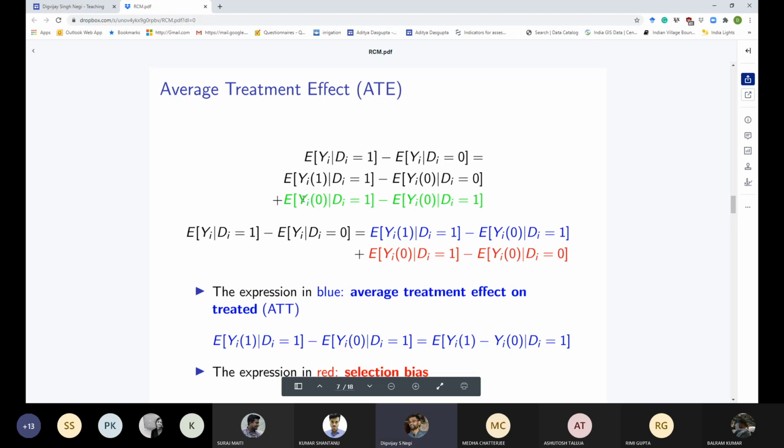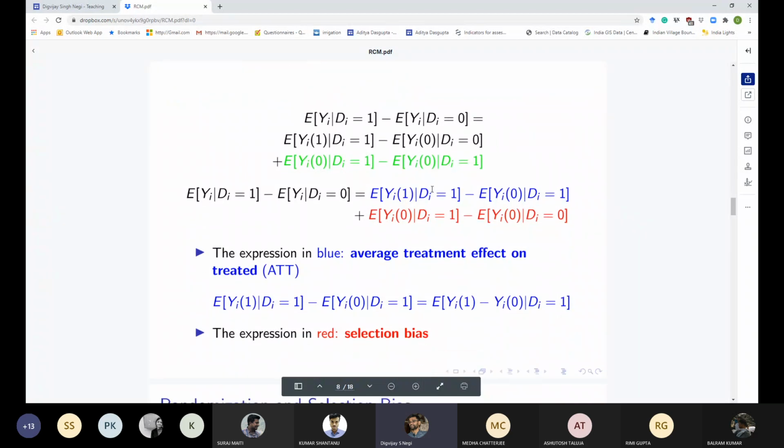So the potential outcome under control for the treated group minus the average value of the potential outcome of control for the treated group, so both of them are the same. Again, this is added and subtracted, so this cancels out. Okay, so given that we have done this, this can be manipulated and written like this.